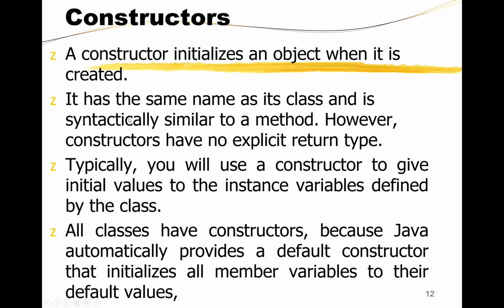It is syntactically similar to a method, but it has no return type. You use a constructor to give initial values to the instance variables defined by the class. Otherwise, the constructor will assign default values to the instance variables. Every class has a constructor because Java automatically provides a default constructor which initializes all member variables to the default values.